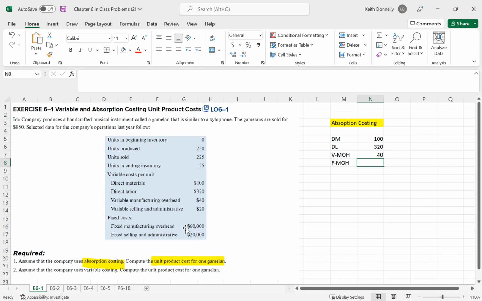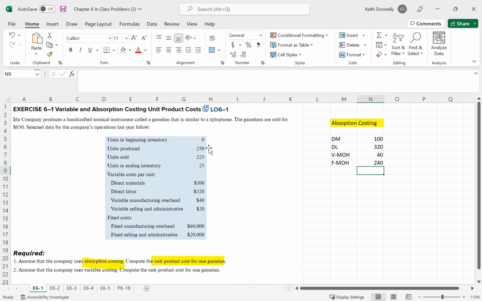Right? So we had total fixed manufacturing overhead of $60,000, but that's for a bunch of different units. Specifically here we produced 250. They're asking us here the unit product cost for one unit. Right, so what we got to do here is take that 60,000 divided by the 250 we produced.